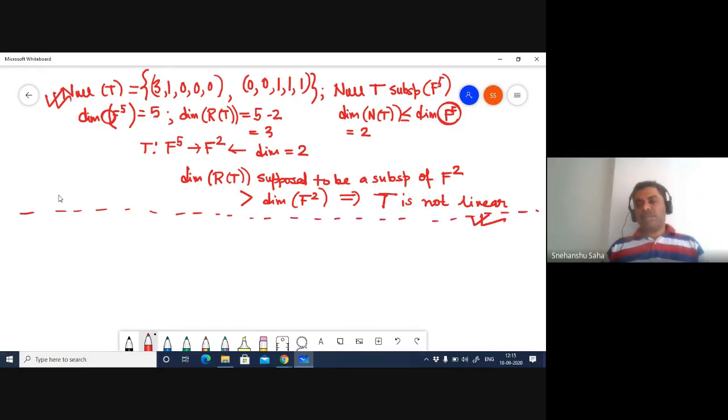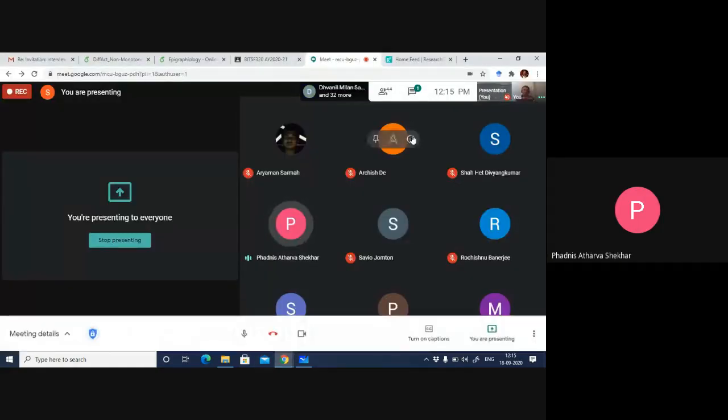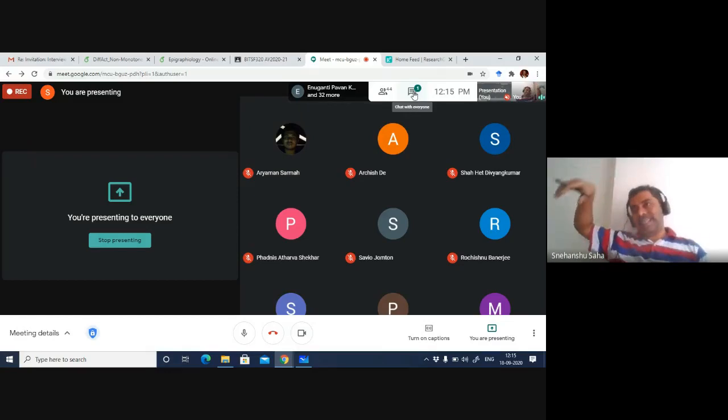Most of you read this problem wrong in the test, but that's okay. Sir, in the test, the answer given was everything except for this option. No, in the statement I said that T is linear.